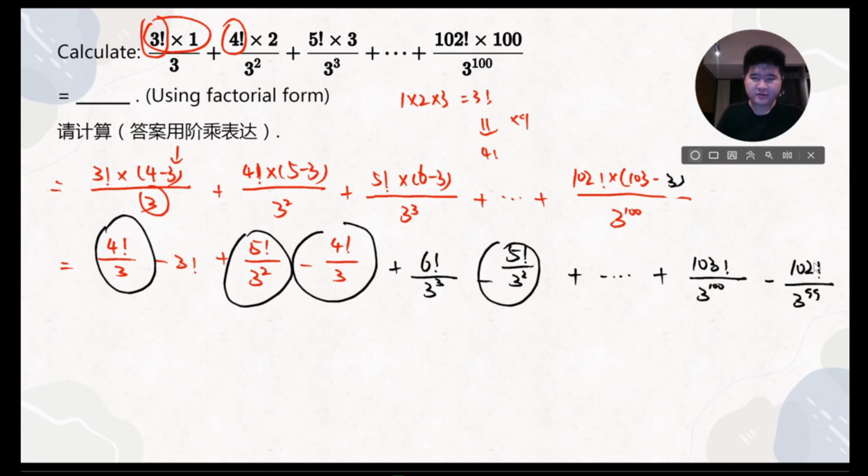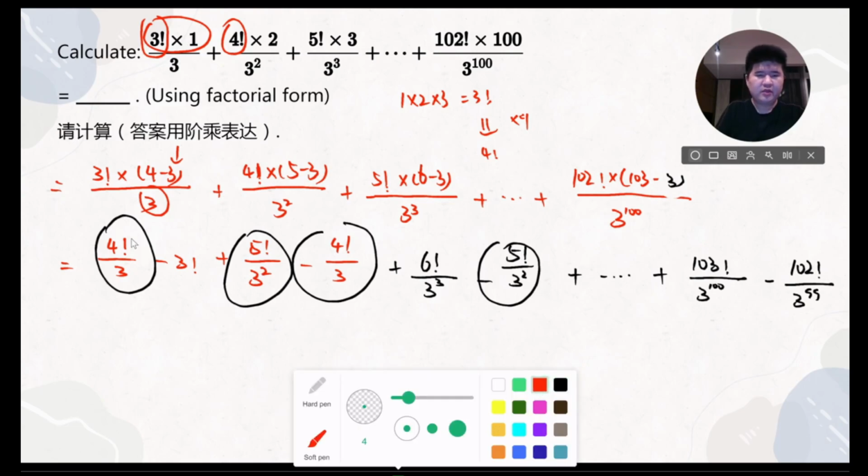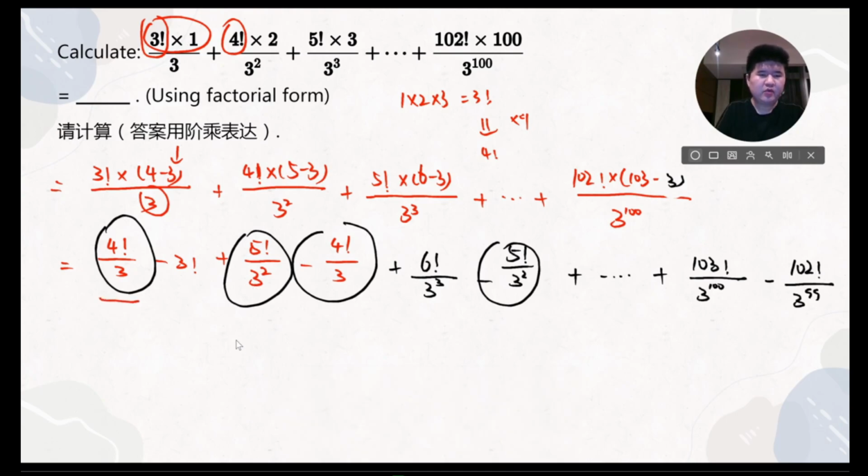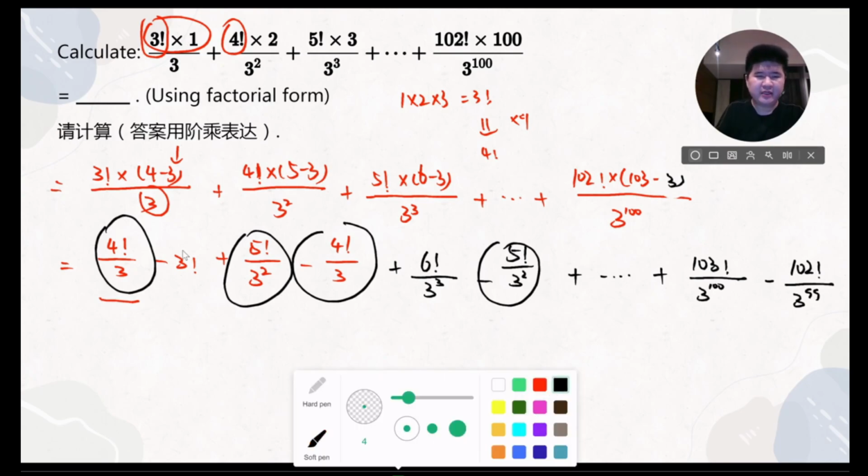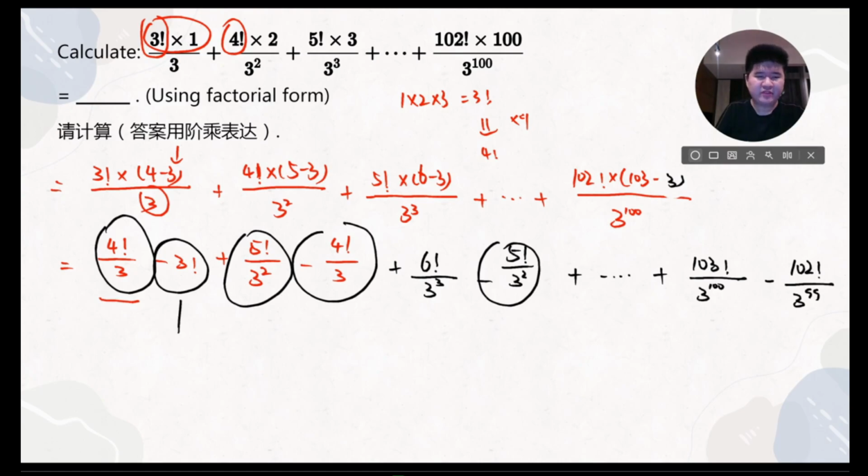And we find that for the terms, what has left here? 我们能约的都约了。What has left here? The factorial of 3 has been left, minus factorial of 3. And this minus factorial of 102 divided by 3 to the power of 99 has been cancelled with this.